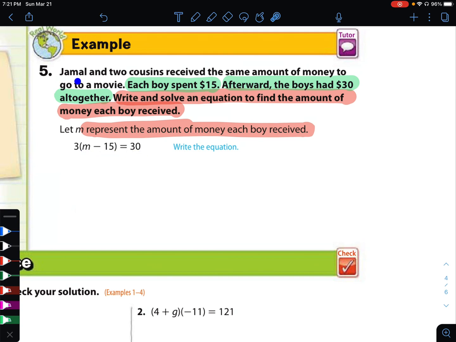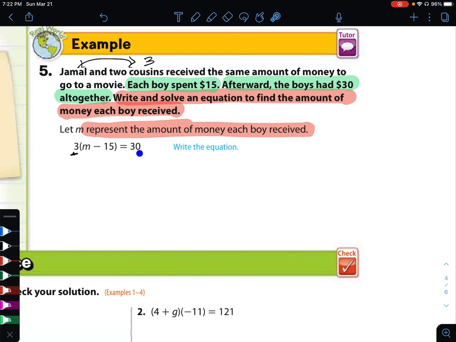Because it's saying Jamal and 2 cousins, which actually equals 3 people. That's where the 3 is coming from. So the 3 of them times the quantity M minus 15 because they spent $15. And after that, they have money remaining, which is 30 bucks.